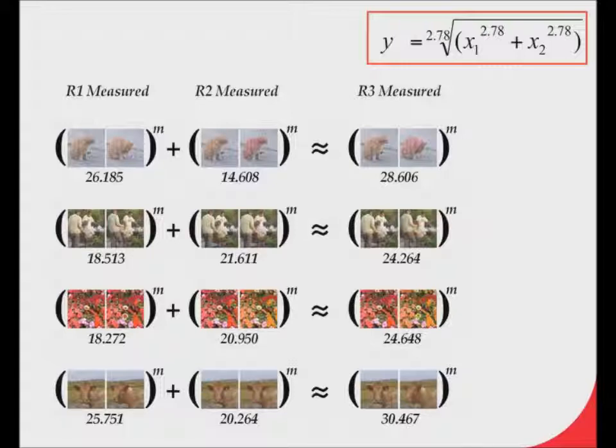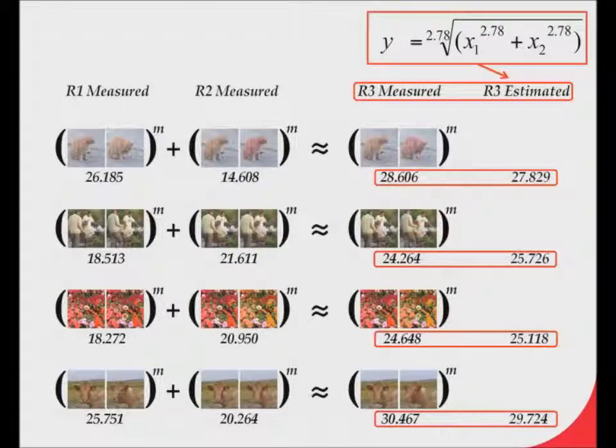Here are the actual ratings, the average ratings of like 11 observers. And I just mentioned that this Minkowski with M value of 2.78 generated the most accurate predictions. And if I actually calculated estimates, these are the values. If you compare them, 28.6 and 27.82, 24.26, 25, you can see that they're actually quite close.